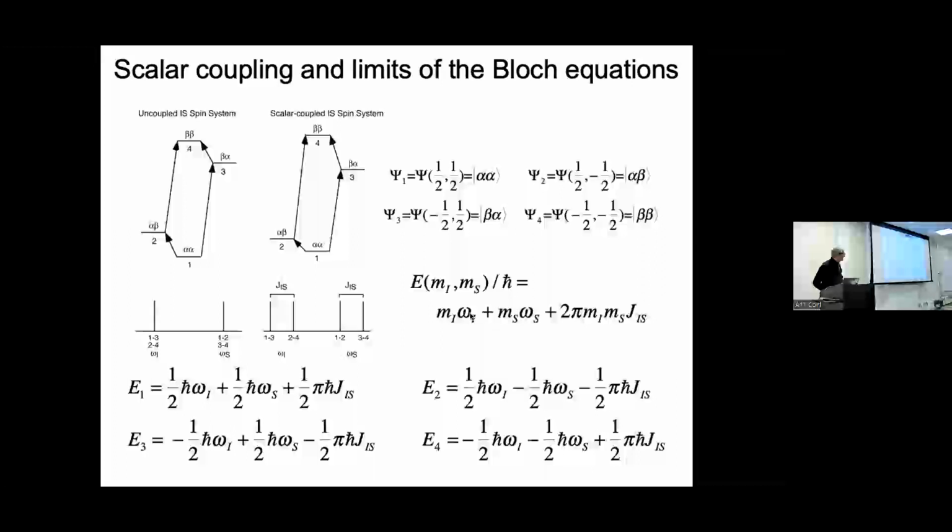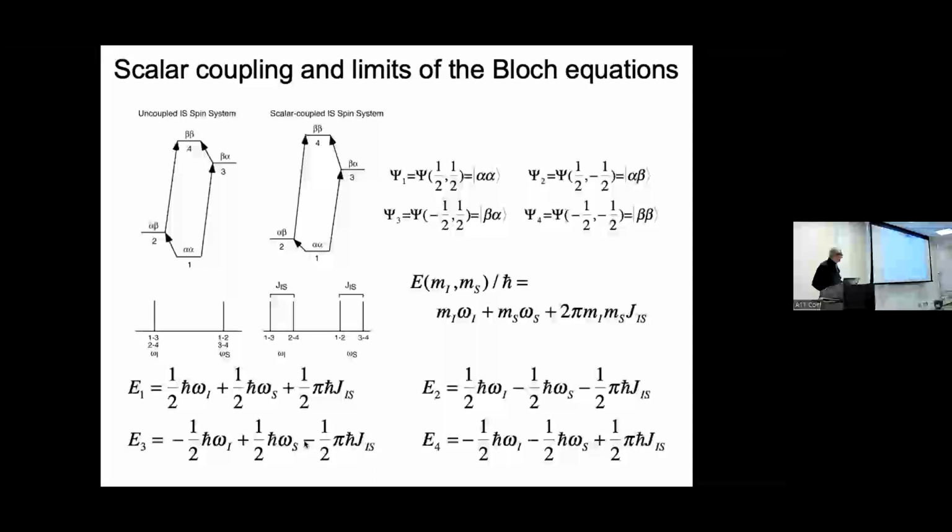There's just the energy of the I and S spin due to the interaction with the magnetic field, and I'll sometimes call that the Zeeman interaction. And then there's the interaction due to the J coupling. You can see the J coupling depends on the product of the 2 spin states, alpha being +1/2 and beta being -1/2.